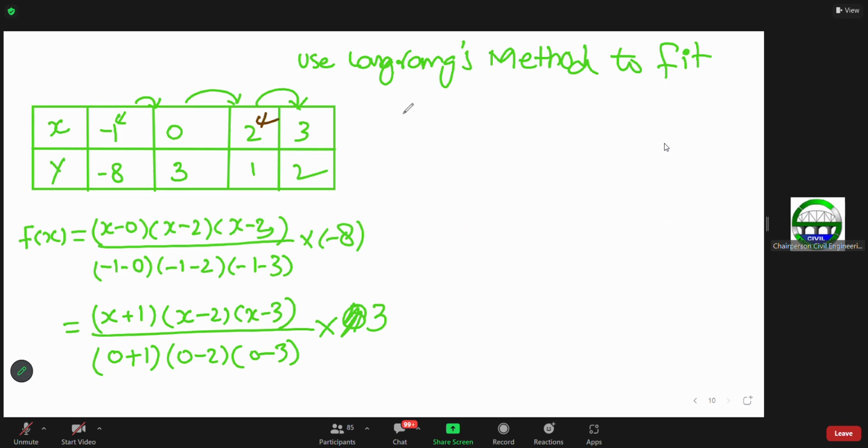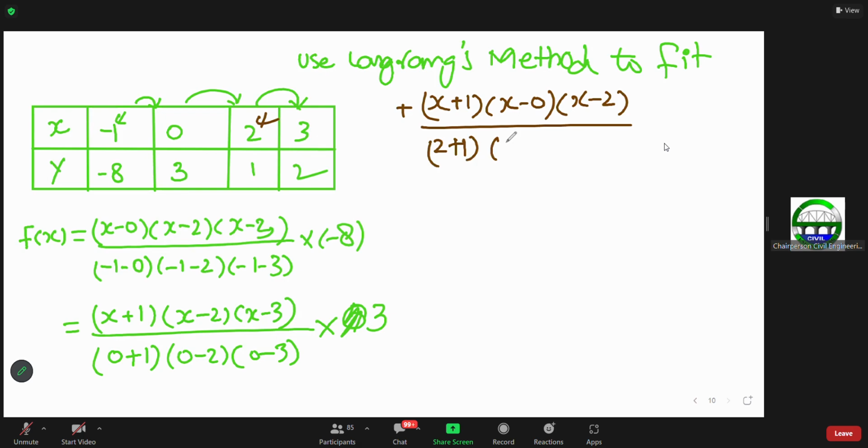So plus x plus 1, x minus 0, x minus 2 divided by 2 plus 1, 2 minus 0, 2 minus 2, right?